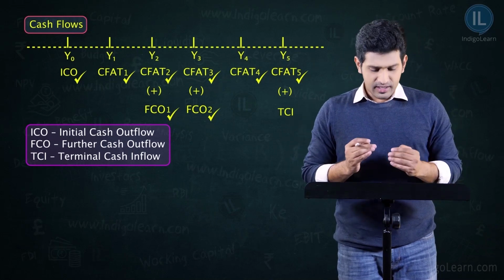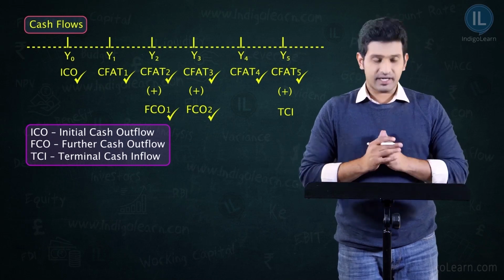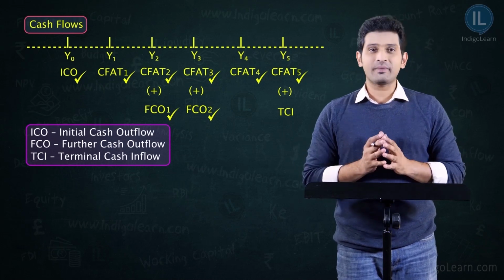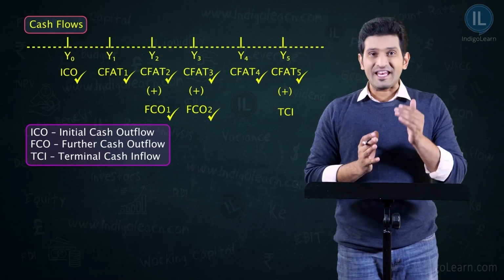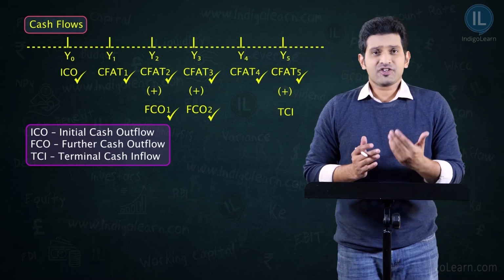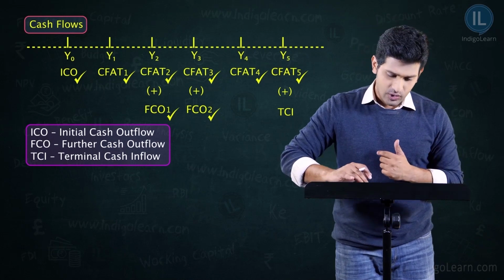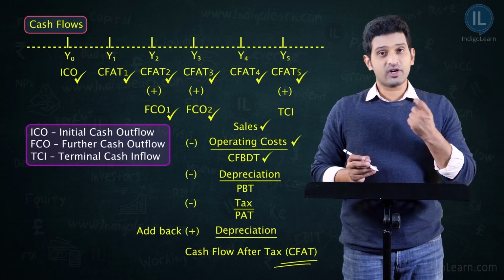Now, let us see a little deeper as to what these items are. We said the first item, the initial cash outflow, is nothing but the capital investment or the capital expenditure invested today. Then CFAT, we said, is the cash flow after tax. That is what we just learned how to compute. That is, sales minus operating costs will give us cash flow before depreciation and tax.